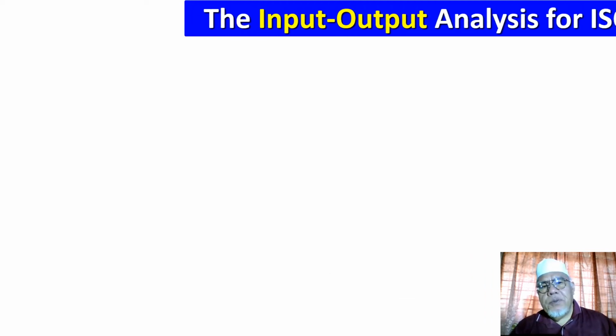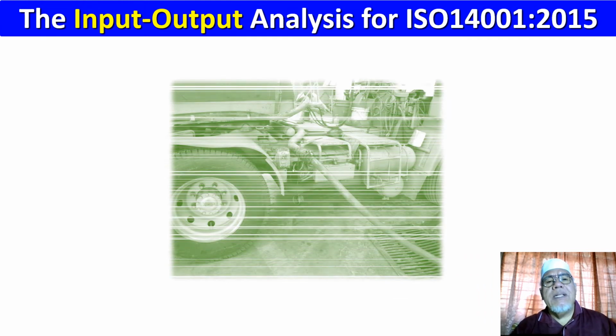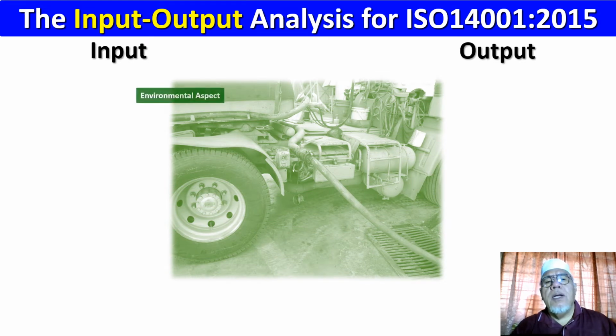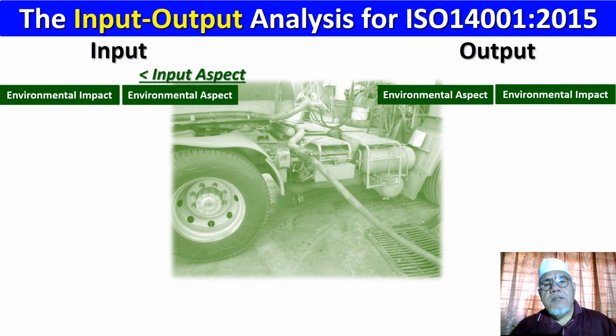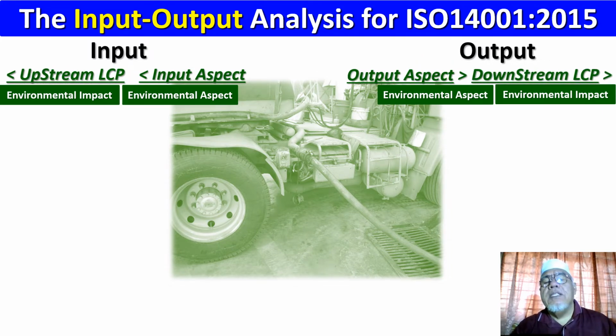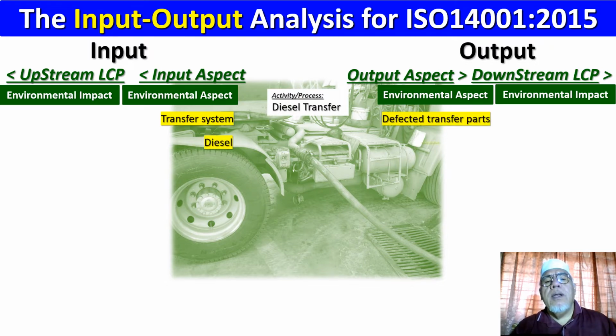Now, this is how we arrive at this particular environmental aspect that we are evaluating, and this time we want to evaluate it in terms of environmental performance. And we have done this video earlier.